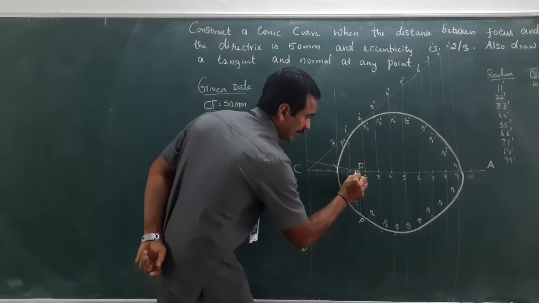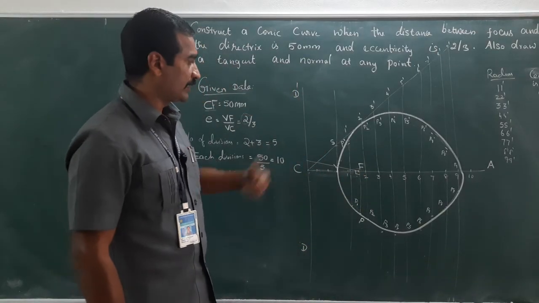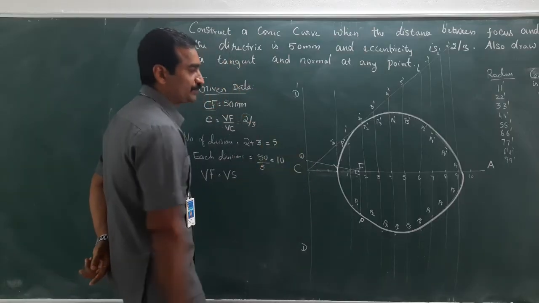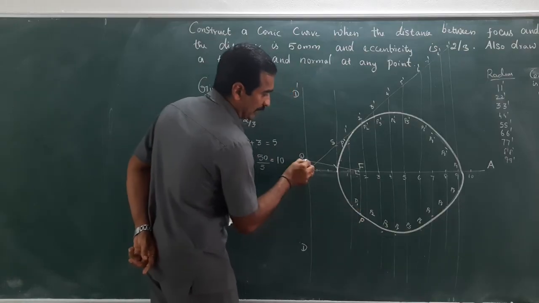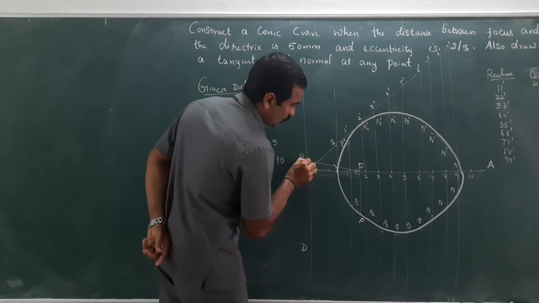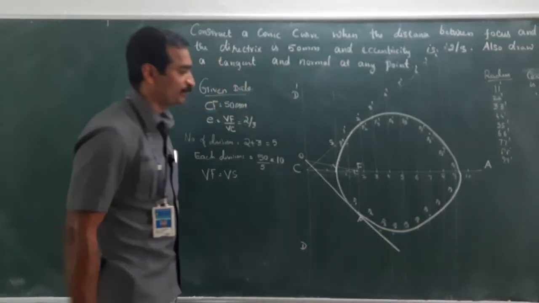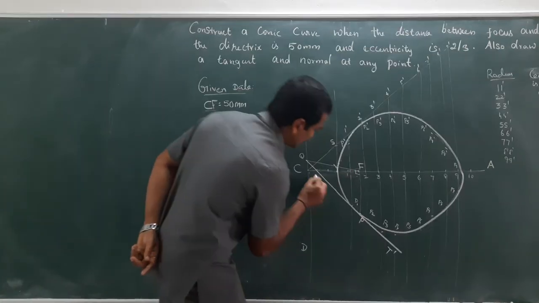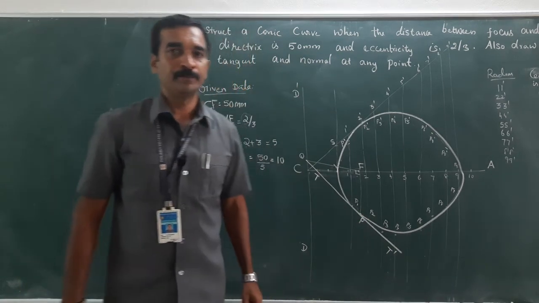This should be 90 degree till it intersects the straight line, which is the directrix, and name this point as Q. Let me connect the points Q and P. This is nothing but T dash T. This is the tangent at point P.